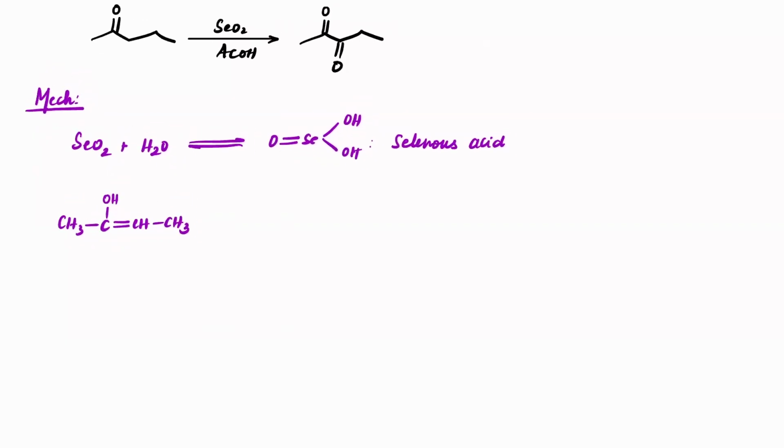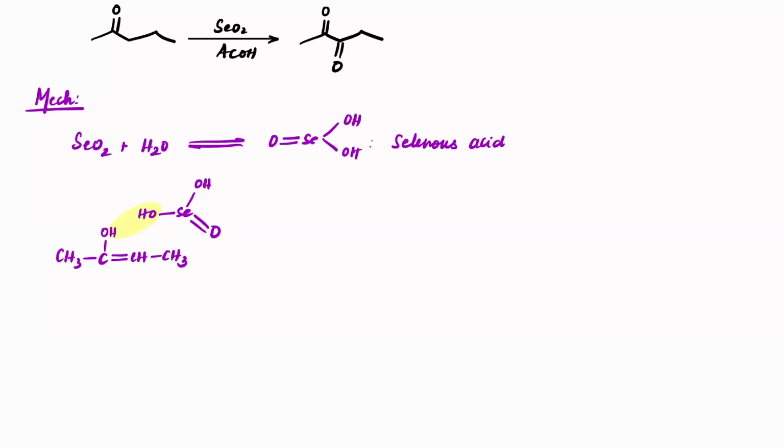So this enol form is reacted with selenous acid, OH and selenium with another OH and a double bond to O. This is how you can expect water to be removed from here. So you will get a minus charge on this position, correct?